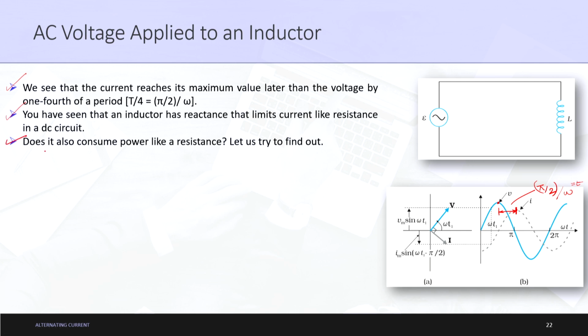Now the instantaneous power, a similar scenario to what we did for AC voltage applied to a resistor. Now we will try to understand the AC voltage applied to an inductor. So the instantaneous power supplied to the inductor is, how will we calculate power?